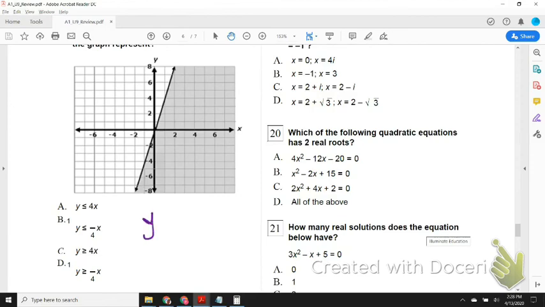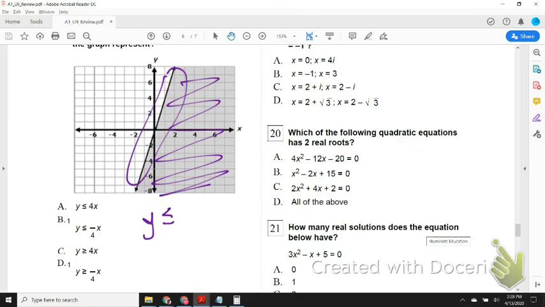Okay, we know it's going to be y, and because this line is a solid line, it's going to be or equal to. But since it's going to be below this line, it's going to be less than. So y is less than or equal to, my y-intercept looks like it's a 0. So I'm just going to put that as a placeholder. I don't need to write that.